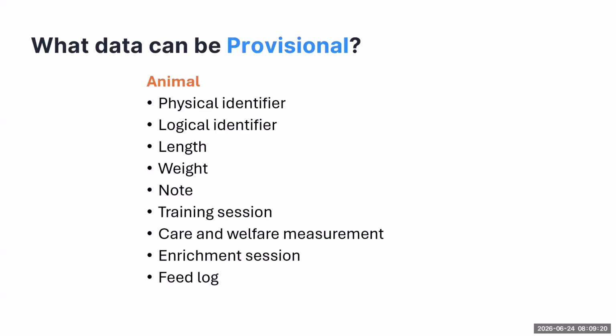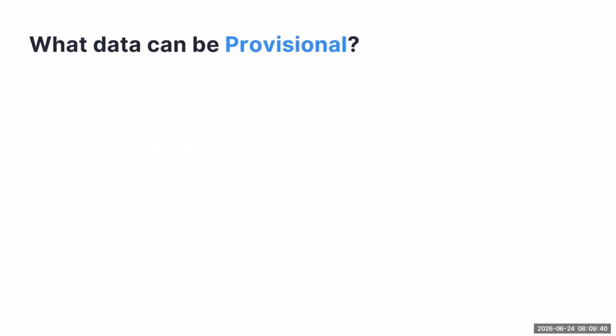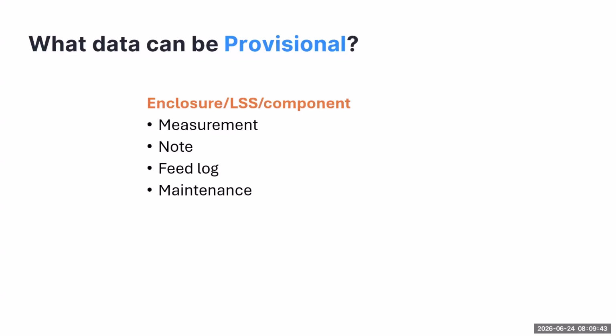Within this list of record types that can be added provisionally, these 5 that I've just put the icon next to, so physical identifier, logical identifier, length, weight, and note, can all be added through the mobile data entry workflow. For enclosures, life support systems, and components, these are the records that are available to add provisionally.